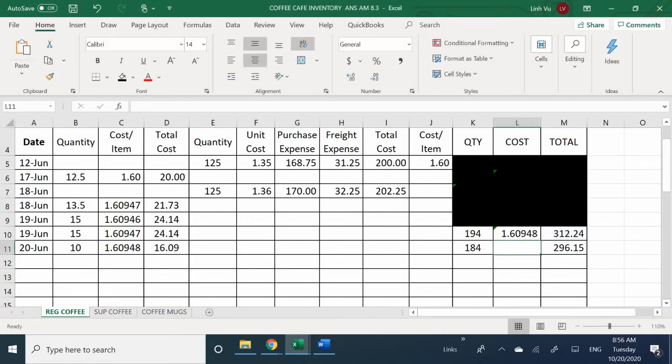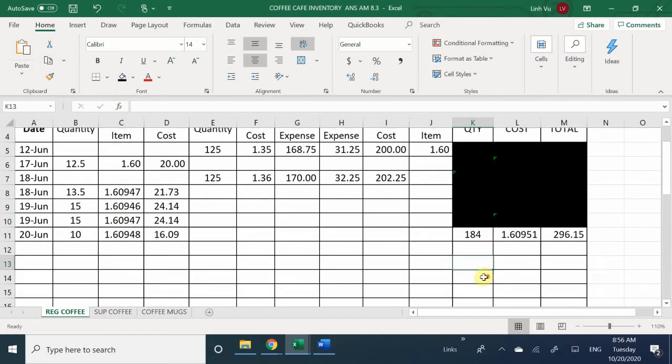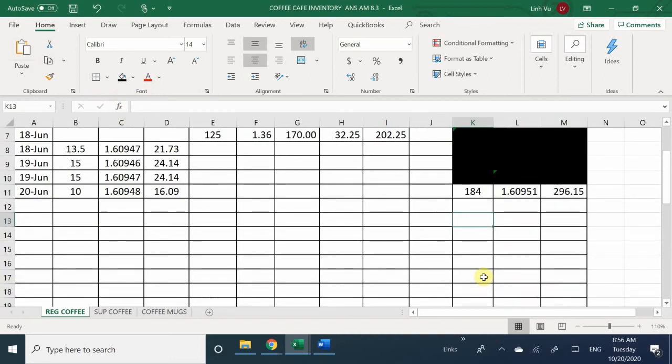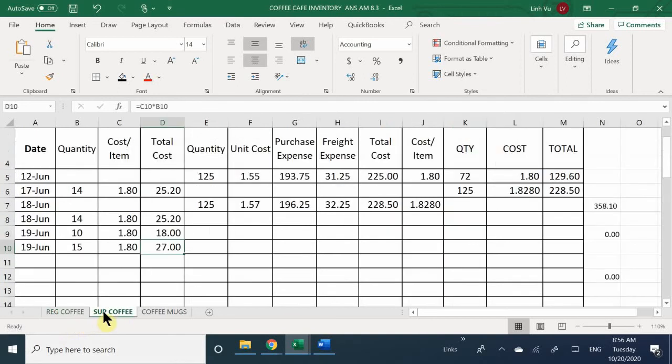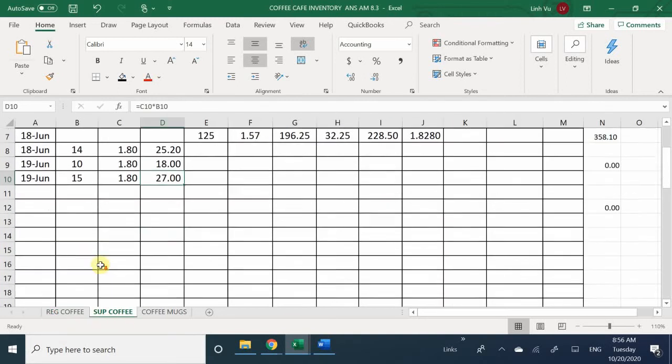And what is my new average cost per item? 1.6095. I'm going to go ahead and clear this out. So here we know that we sold 16.09 for regular coffee.